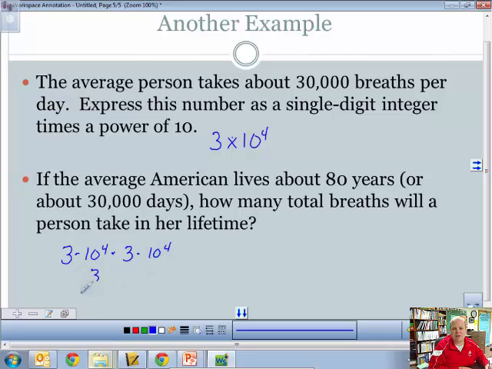I'm going to change the order, so I have 3 times 3 times 10 to the 4th times 10 to the 4th. Okay, 3 times 3 is 9. 10 to the 4th times 10 to the 4th is 10 to the 8th. So the average American is going to take 9 times 10 to the 8th breaths in a lifetime. Or if I write this out in standard form, it's going to be 900 million breaths in a lifetime.